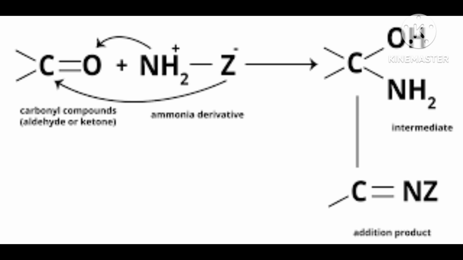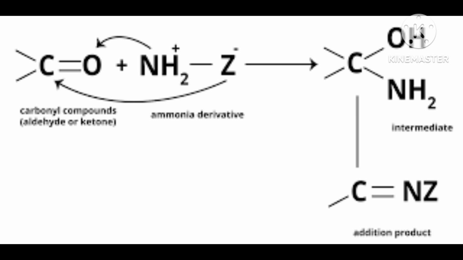Nucleophiles such as ammonia, ammonia is a neutral nucleophile, you know, because it has a lone pair of electrons. Nucleophiles such as ammonia and its derivatives like H2NZ add to the carbonyl group of aldehydes and ketones. The reaction is reversible and catalyzed by acid.